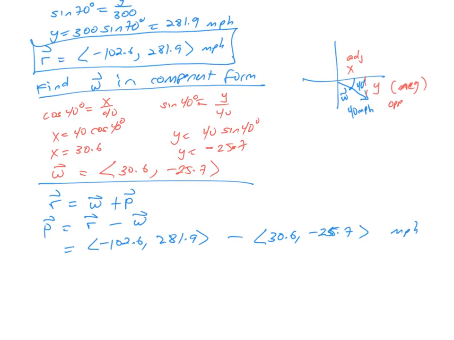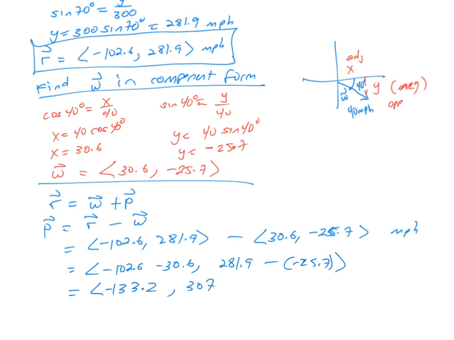Now we'll go ahead and subtract the X and Y components. So we get negative 102.6 minus 30.6 and 281.9 minus negative 25.7. So minus negative is actually going to be addition. And if you figure this out, you get that the X component is negative 133.2 and the Y component is 307.6 miles per hour.